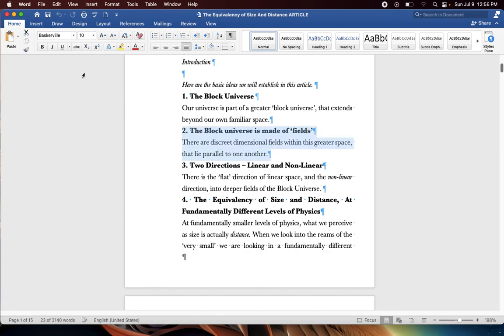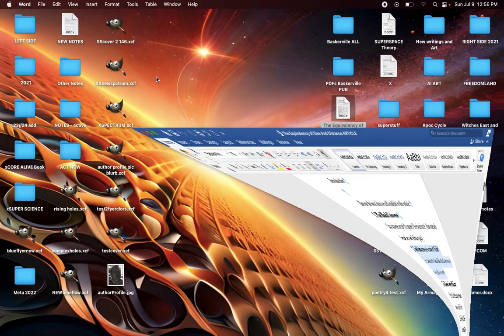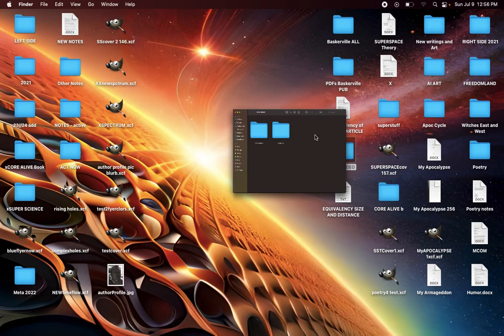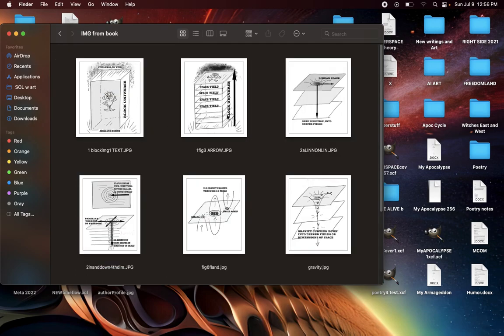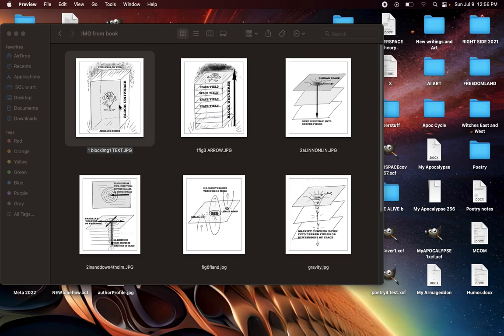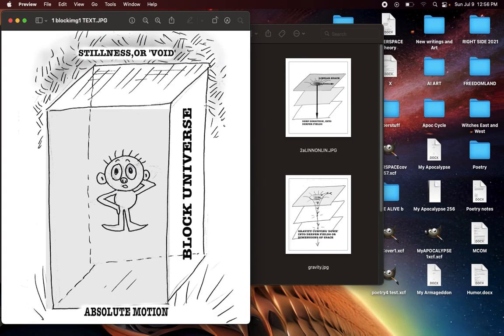So what I'm going to do is go to my graphics here and pull this up. I have right here the block universe. I have some funny little pictures just to make it entertaining. I will not go into all the details of what we have down here, absolute motion, and up here, stillness or void.